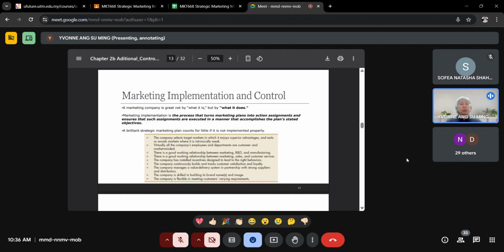So here, as we go into the slides, you can see that a marketing company is great not by what it is, but what it does. So any organization becomes great because over a long period of time, they do things that are efficient, memorable, and so on and so forth. They're able to satisfy their customers continuously.